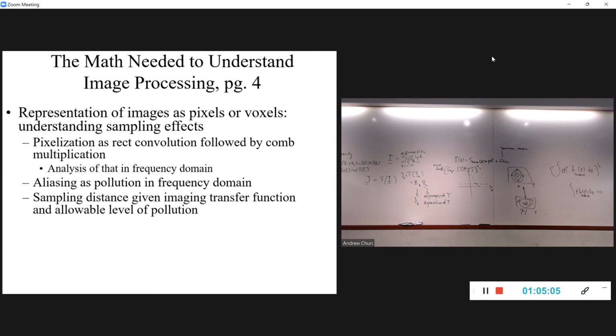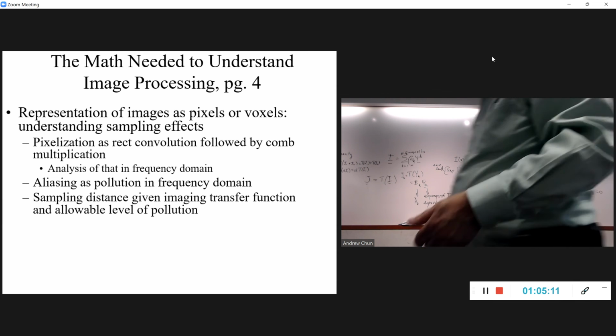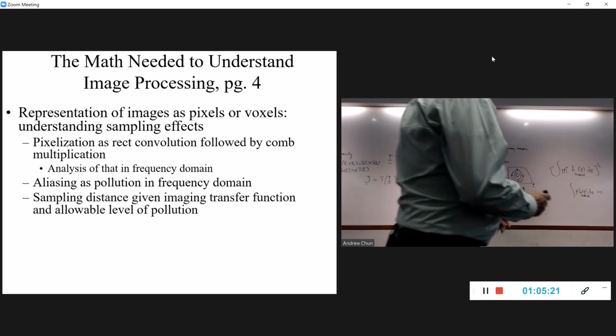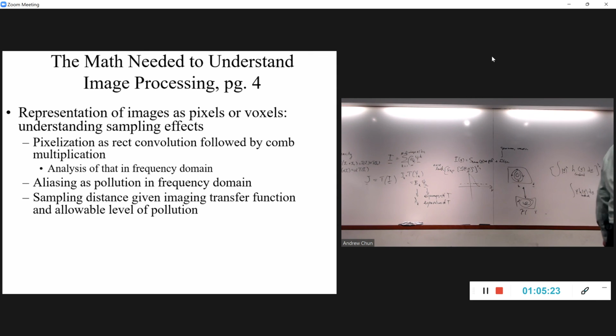You had that averaging, and you had this co-multiplication, which was the explicit pixelization. And we then analyzed that as what happens in the frequency domain, and we saw that an aliasing effect happened, which was pollution of multiple offset copies in the frequency domain of this operation.